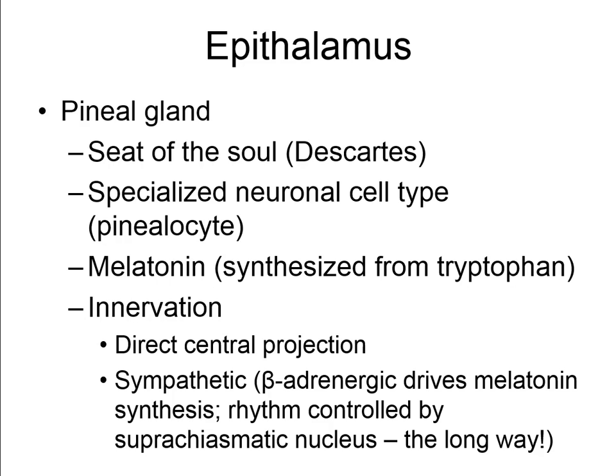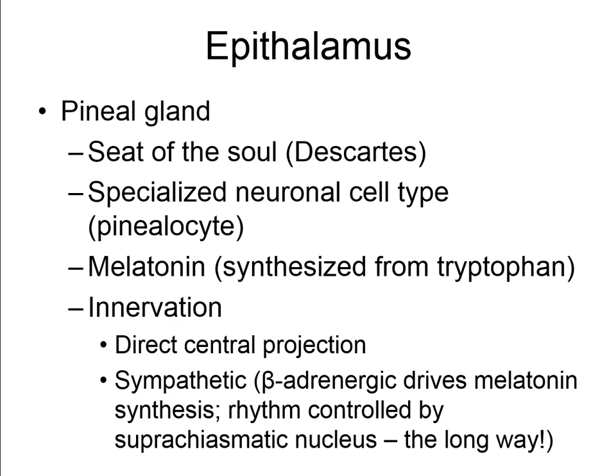The only place you have sympathetic projections is in the spinal cord. Okay, so that's got to be the answer. Someplace in the spinal cord, probably relatively high in the thoracic region because they're projecting to the head. Okay, so there you're going to go from there to the ganglia, superior cervical ganglia. Superior cervical ganglia will project an adrenergic projection into the pineal gland, and that drives melatonin synthesis.